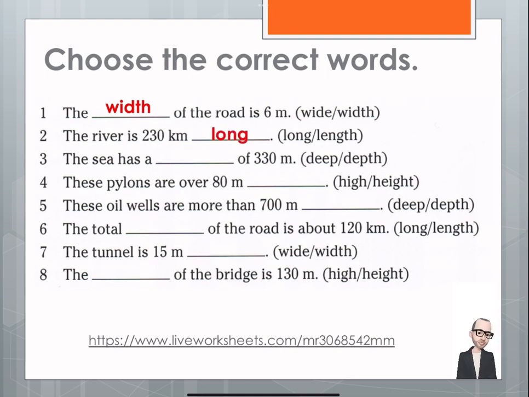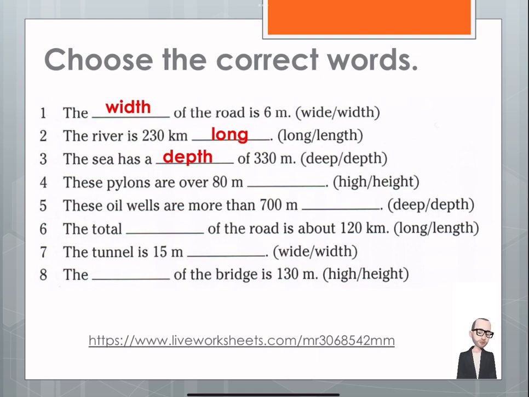Hopefully most of you guessed long. The river is 230 kilometers long. Next, the sea has a something of 330 meters. Here we will need to use a noun, and the noun here is depth. The sea has a depth of 330 meters.